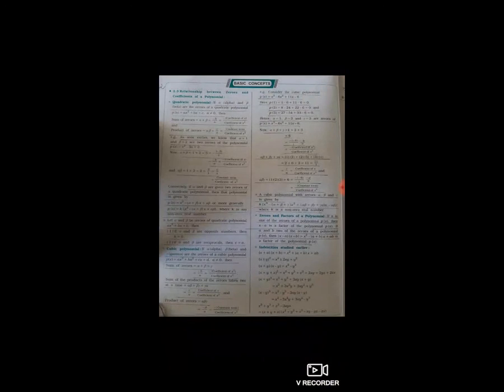And last, x cube plus y cube plus z cube minus 3xyz is equal to (x plus y plus z) into (x square plus y square plus z square minus xy minus yz minus zx).